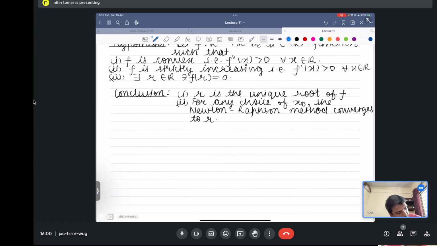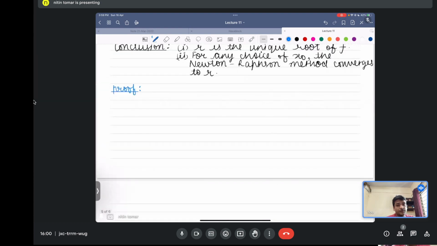So let us prove it. The proof is not difficult because we have already seen the proof of the convergence of the Newton-Raphson method. It's actually pretty derived from that.